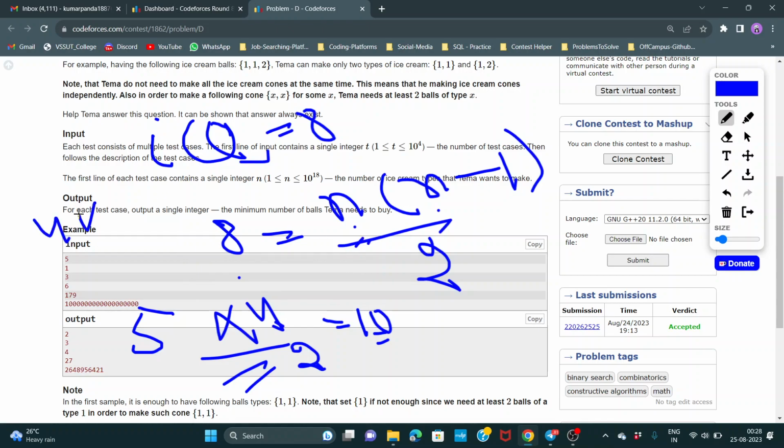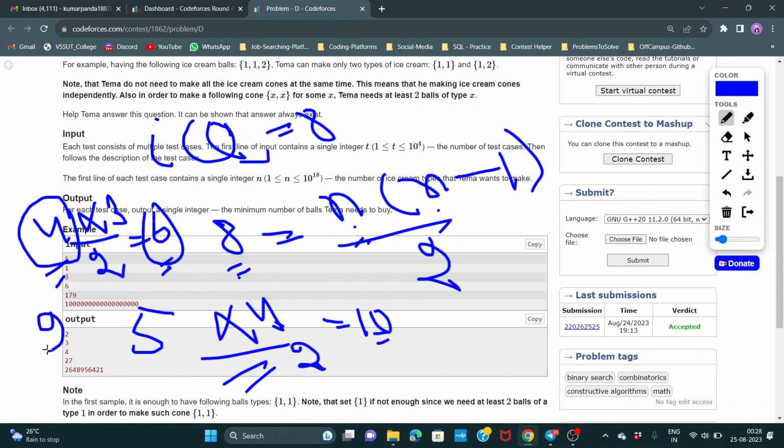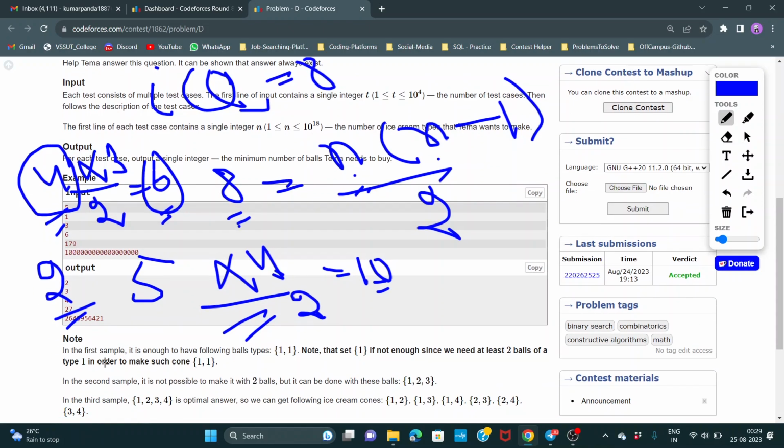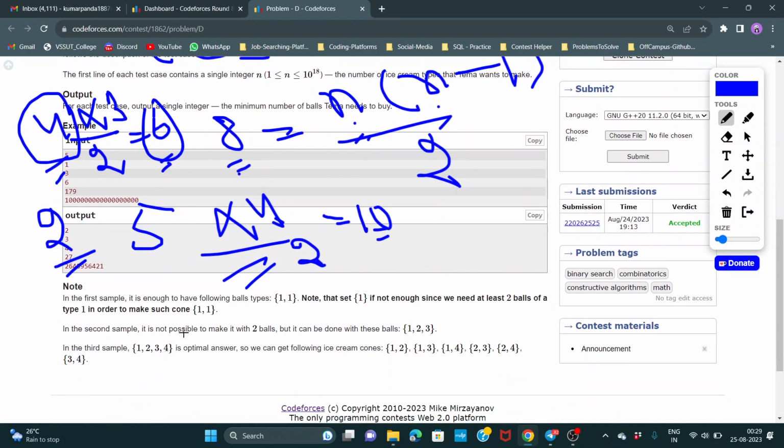In the 4 case, 4 into 3 by 2 is 6, and by taking four different flavored balls we can make 6 ice creams. But we have to make 8, 2 more extra. So for that we have to use duplicates. How many duplicates? The number of duplicate values should be 2.